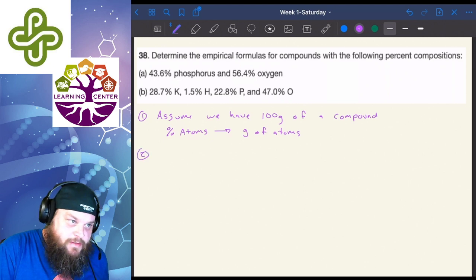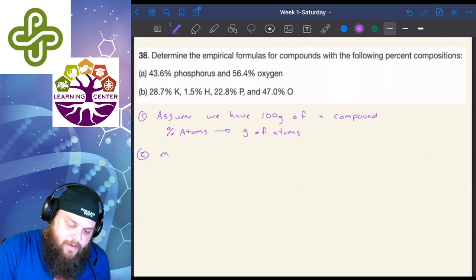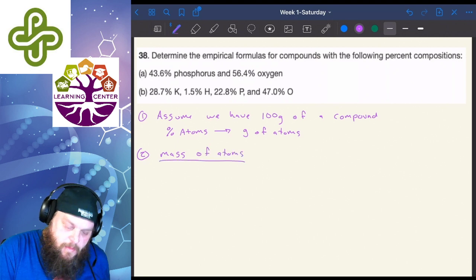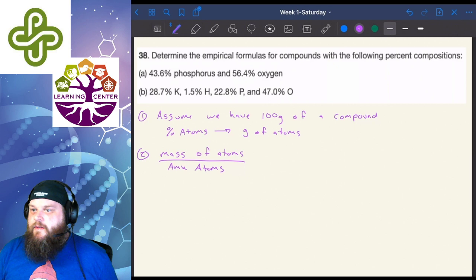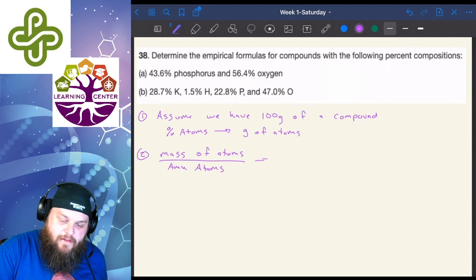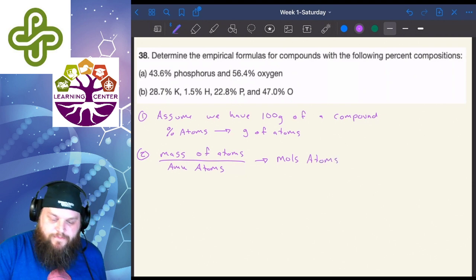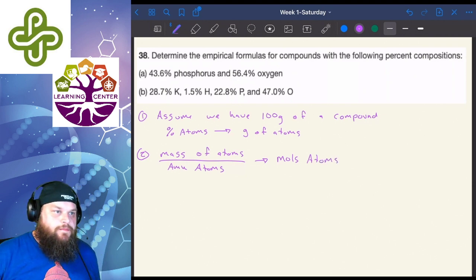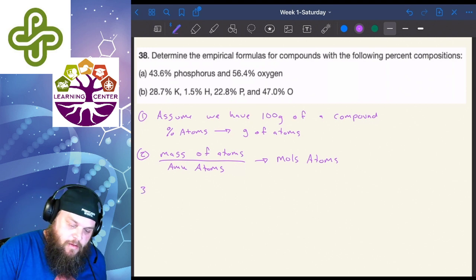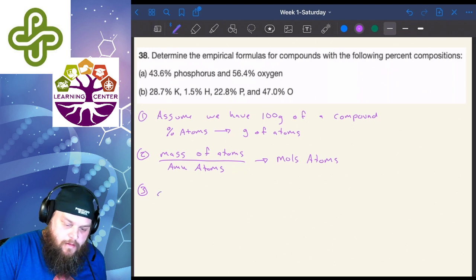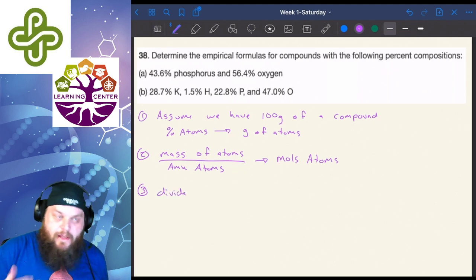Second part of that is we take the mass of those atoms that we find and divide that by the AMU, the atomic mass, of those atoms. That basically just gives us the moles of atoms. I have to do that for each of those percentages.